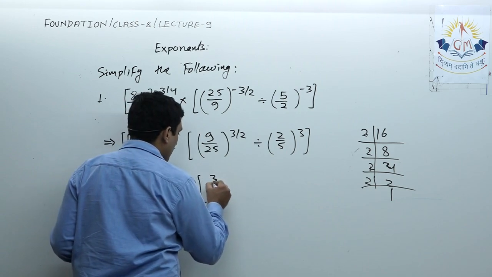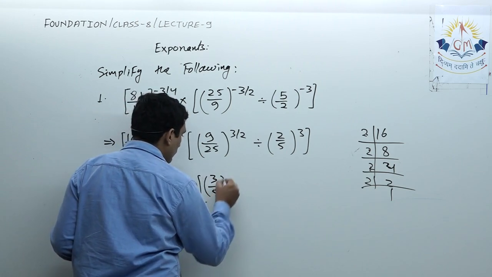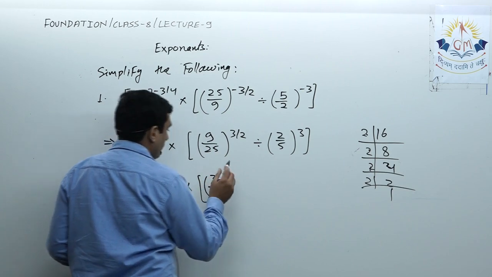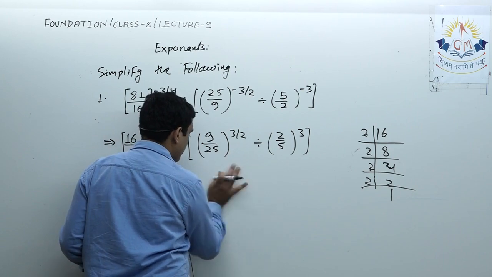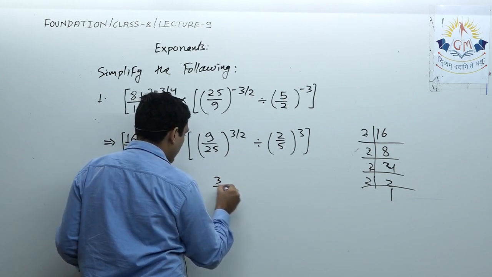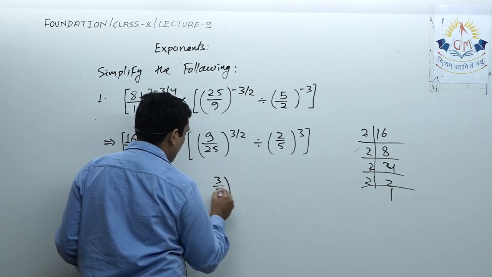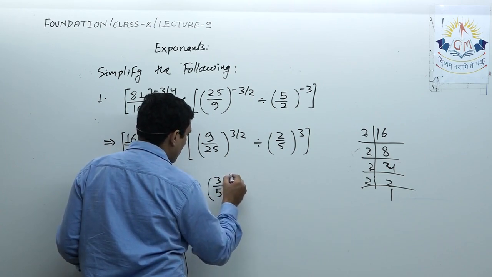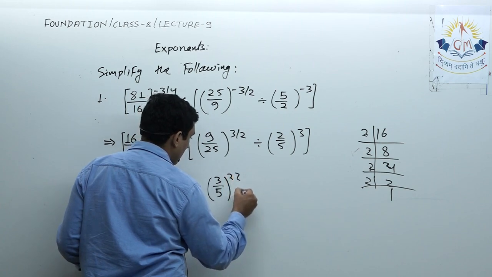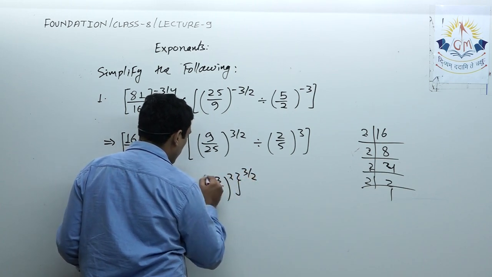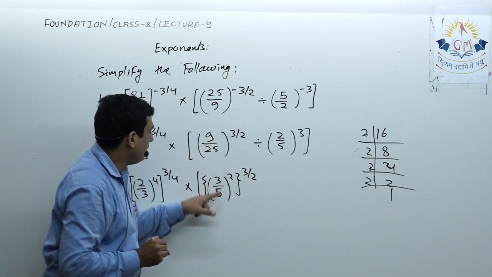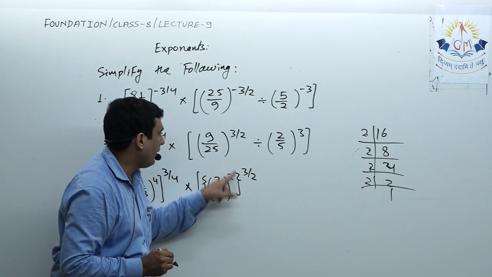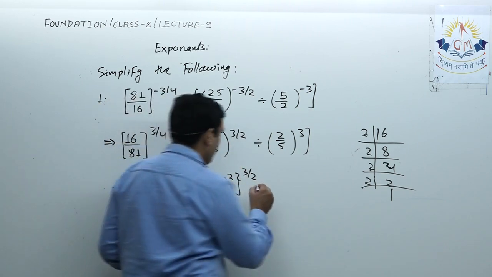This is actually (3/5)^2, and again there is a power, so this should be written as 3/5, not 3/2. So (3/5)^2, then raised to 3/2. In this way, 9/25 I wrote as (3/5) squared, and this 3/2 as it is.